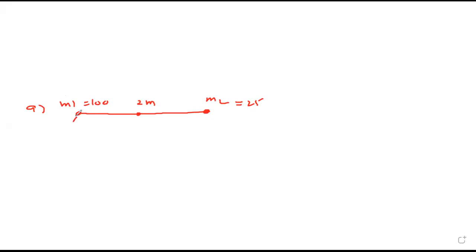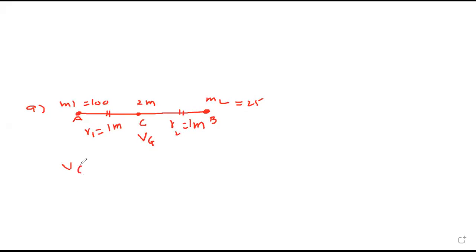Midway means, can I say center? Yes, so we want gravitational potential at center. What is the distance of C from A? Can I take 1 meter? And from B also it is 1 meter.